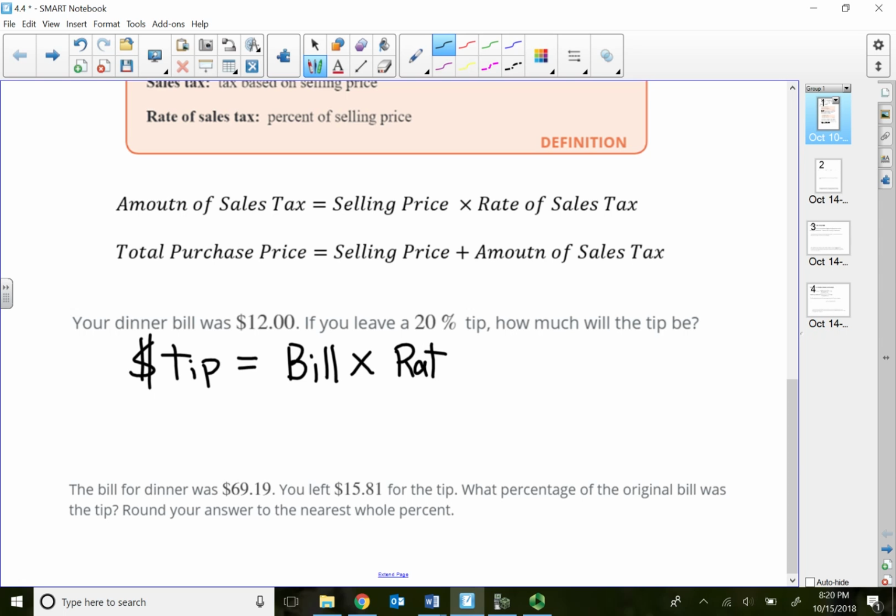Normally people pay about 15%, but this example is 20%. Remember, the amount of tip is a part. Part equals percent times the whole. Same idea using those percent equations. So $12 times the rate of tip, 0.2.